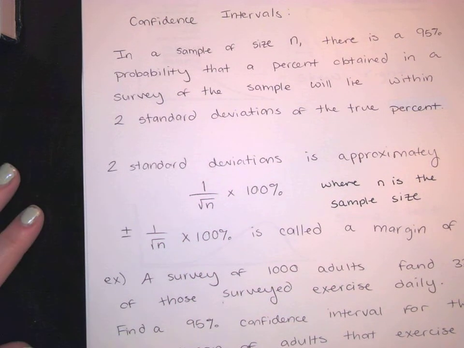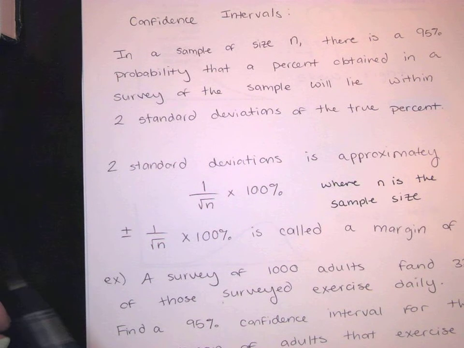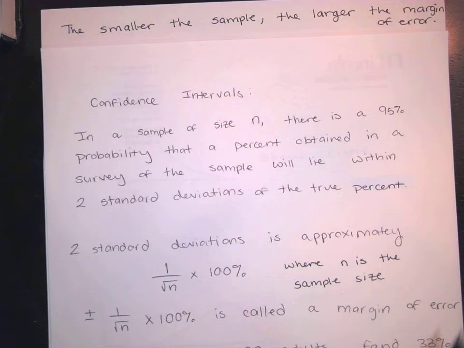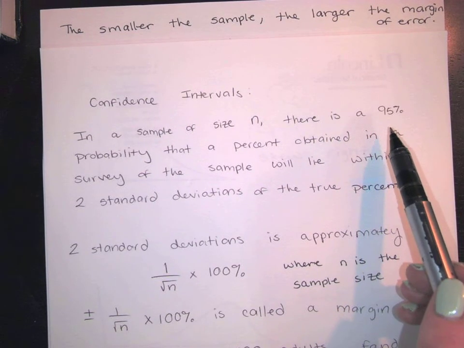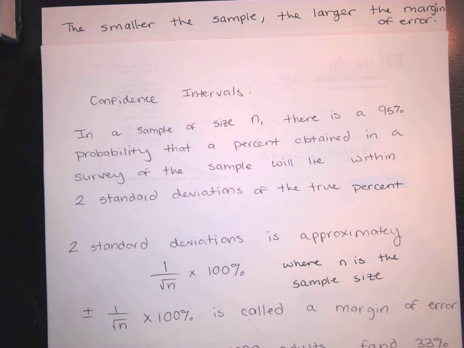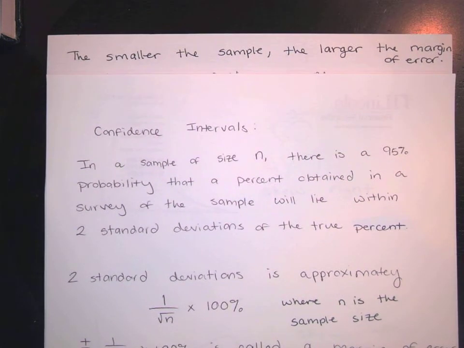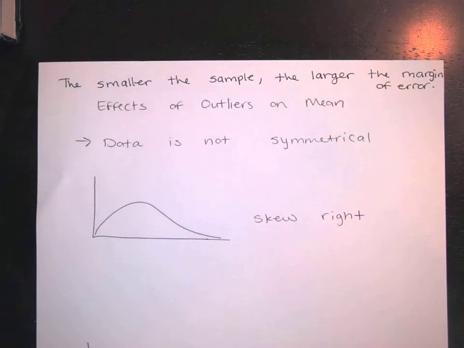That's a little beyond the scope of this class though. But in case you're wondering, yes, you could have any degree confidence interval that you wanted. 95 is what's often reported in the news though, in popular statistics.